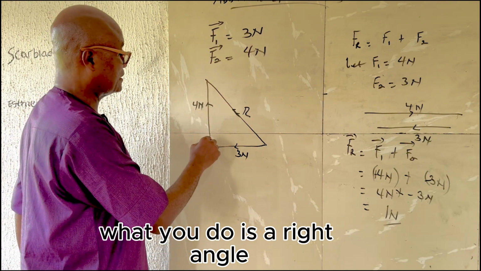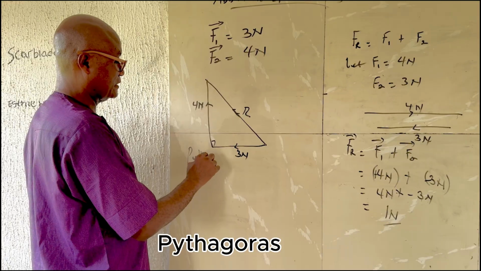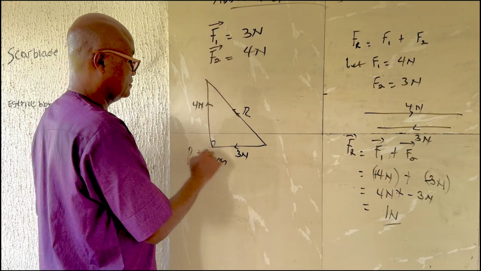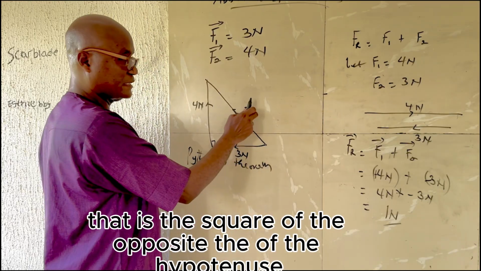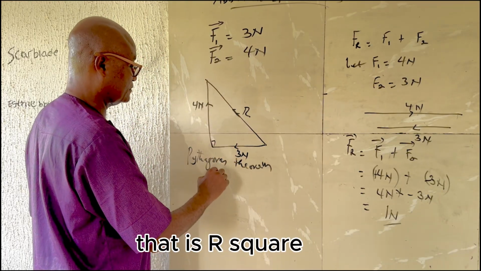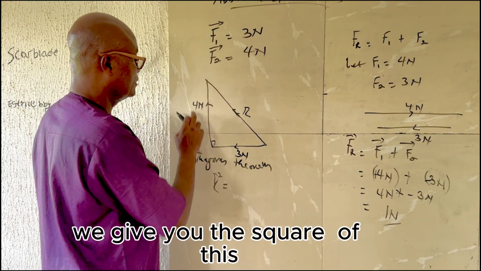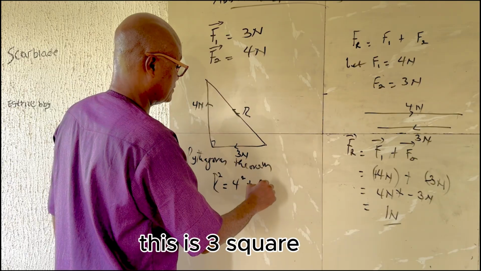What do you do? This is a right angle. You use what we call Pythagoras Theorem. That is the square of the hypotenuse. That is r squared equals the square of this, 4 squared, plus the square of this, 3 squared.